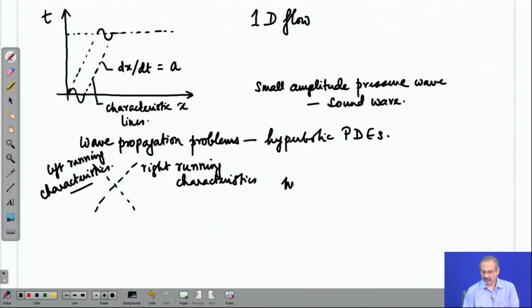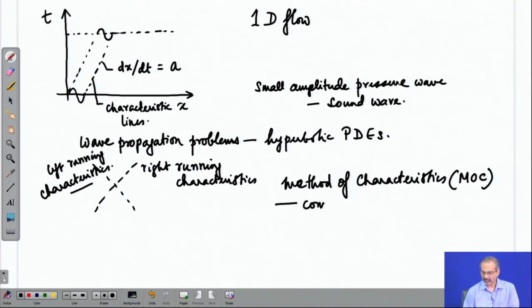Based on the characteristics approach, we have the so called method of characteristics, abbreviated as MOC, as one of the very powerful methods for computing inviscid compressible flows.